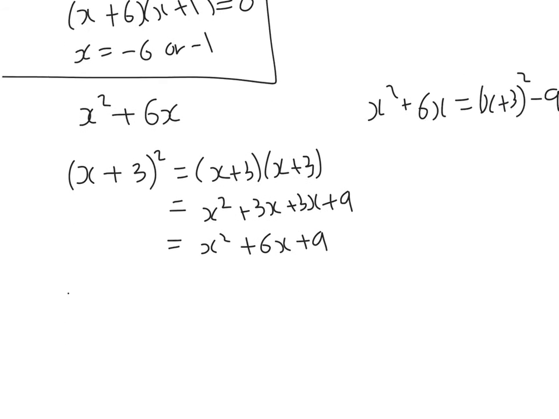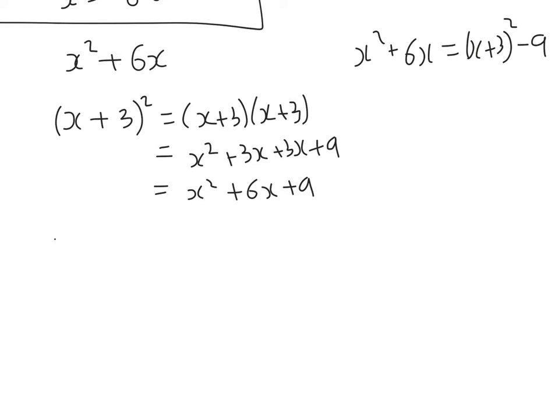Let's have another go at that to see if we can follow that. Let's say we had this time x squared plus 10x. We can rewrite that as x plus, and then half the x coefficient, which is 5. And then if we expand that out, we know this would be too many.